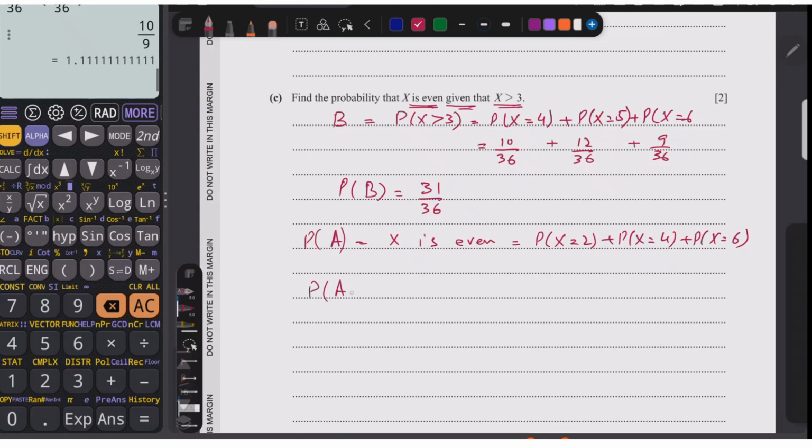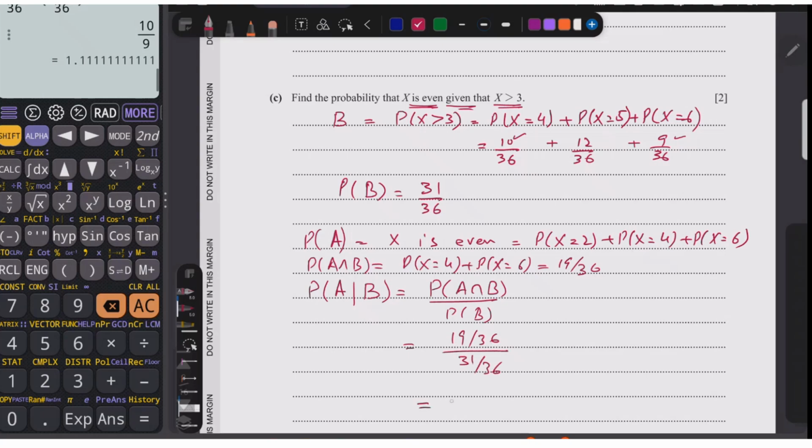Set A is showing even number given that B is greater than 3, and it would be probability of A intersection B divided by probability of B. Now we find the common part. So the intersection between A and B would be probability of x equal to 4 plus probability of x equal to 6. And 4 is 10 and 6 is 9. It is 19 over 36. Let's put these values: 19 over 36, and probability of B is 31 over 36. Our answer is 19 over 31.